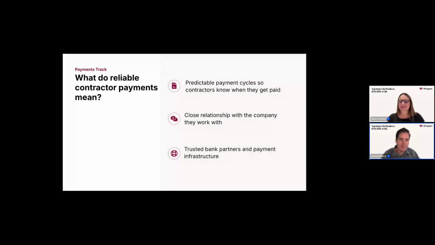So as we were talking about predictability around payments being really easy to do business with, and I think too, one thing that's top of mind for a lot of our clients is that they partner with a contractor payment or contractor payroll solution that has really solid banking partners and really reliable payment infrastructure. It's lost on no one that having reliability on that front is critical. No one wants their payments stuck in limbo. No one wants their contractors to lose access to funds.